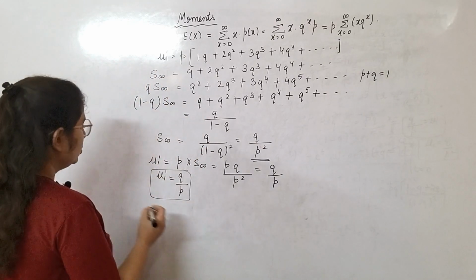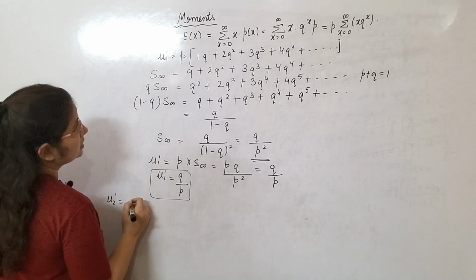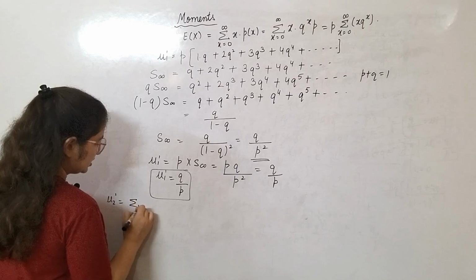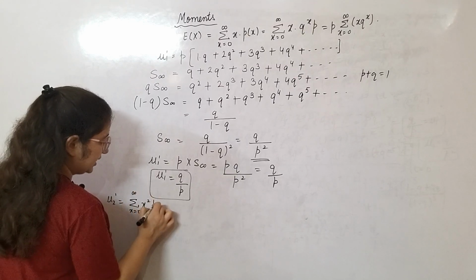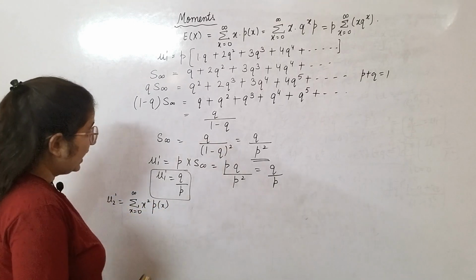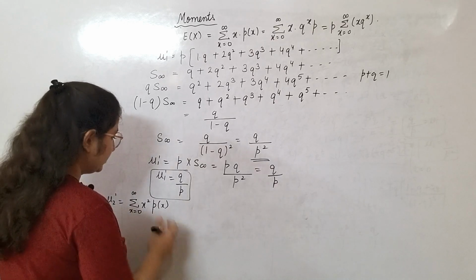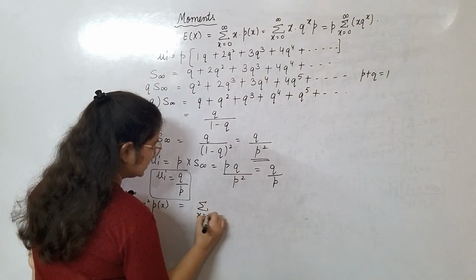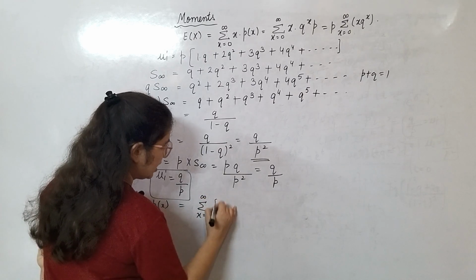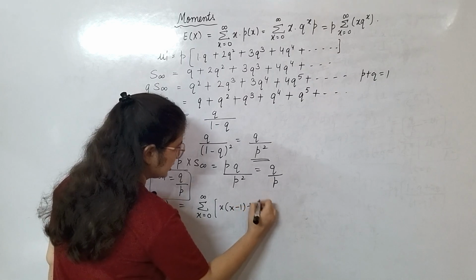Now for mu2 dash. What is the formula for mu2 dash? Summation x square, x from 0 to infinity, into p of x. Now for x square there is some problematic point, so what will we do? We will break this. It will be summation x from 0 to infinity, x square I can write as x into (x minus 1) plus x, into p of x.